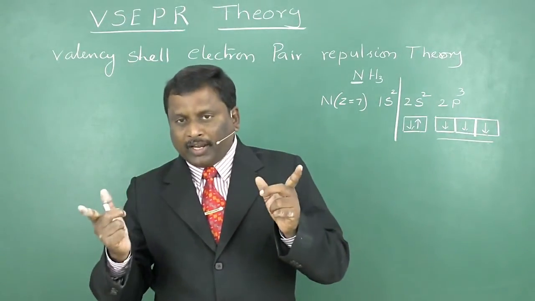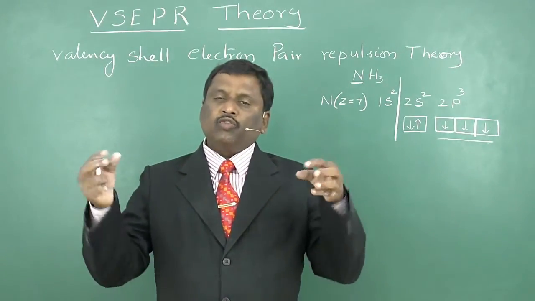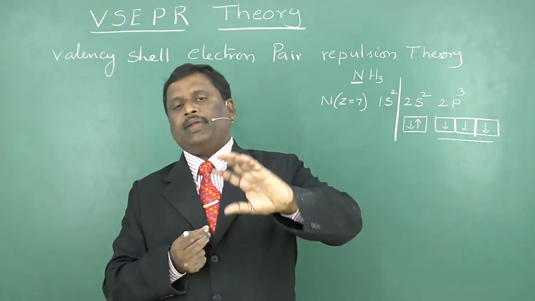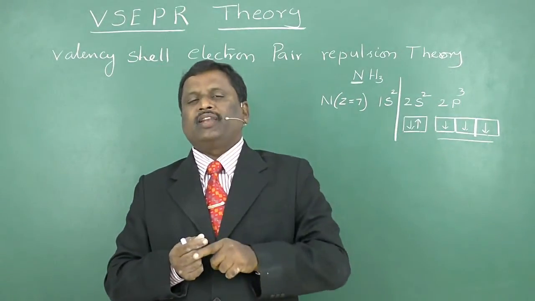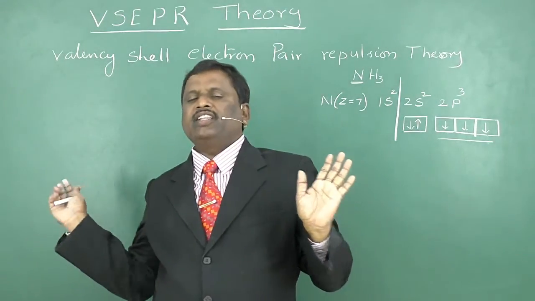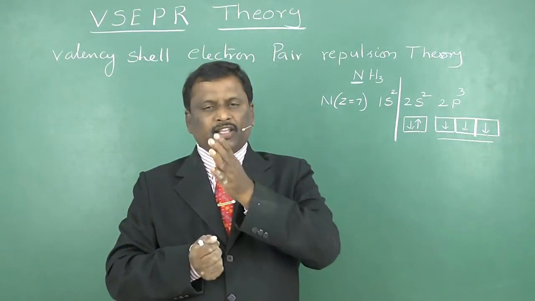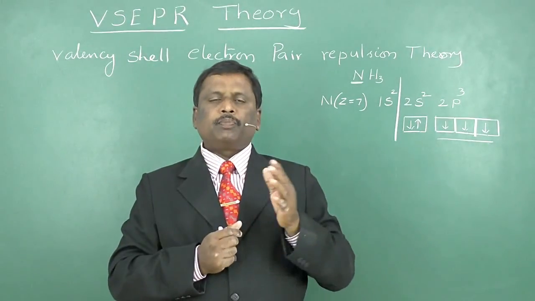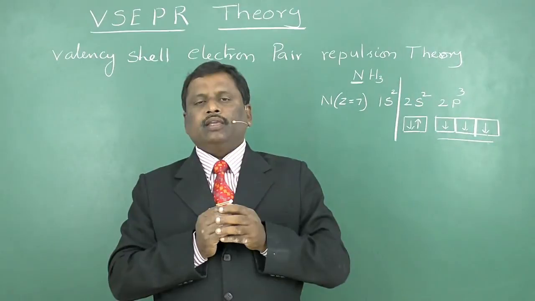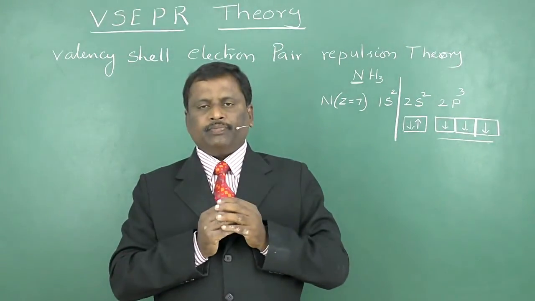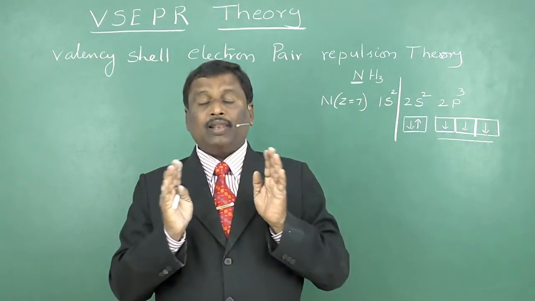But in some molecules, some pairs are involved in bonding and some are not. In such molecules only, a deviation in the bond angle is observed. Taking all these observations, they proposed that there will be repulsion among the electron pairs, and these repulsive forces are not equal.